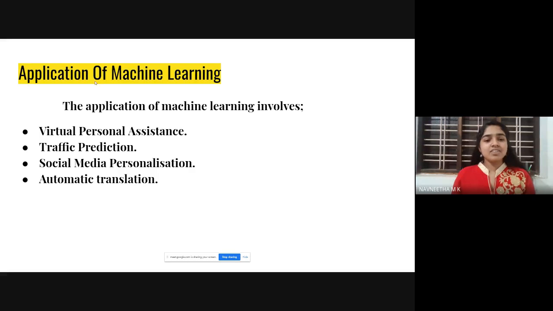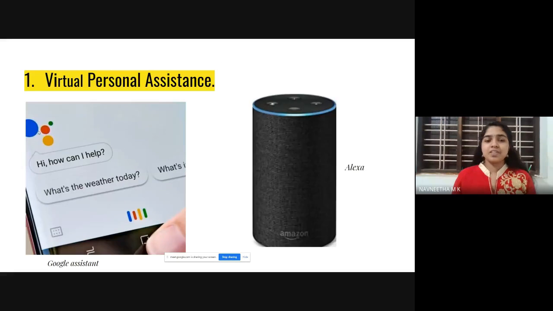First one is virtual personal assistants. These figures are most familiar to you. First one is Google Assistant and second one is Alexa. I'm explaining these virtual personal assistants with an example. Most of you use Google Assistant for your personal use also. If you want to play some music, we ask Google to play some music.